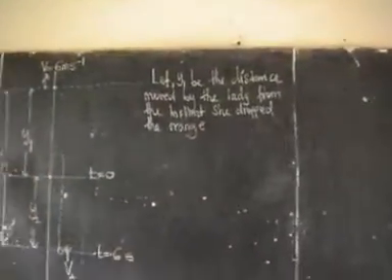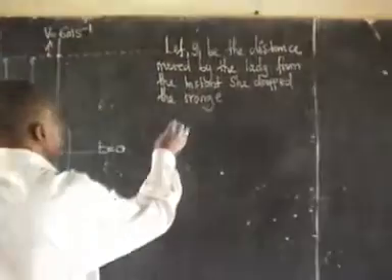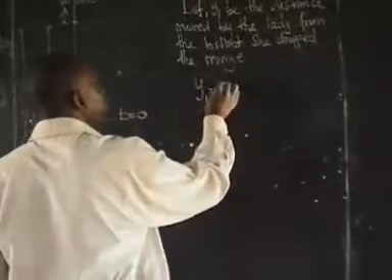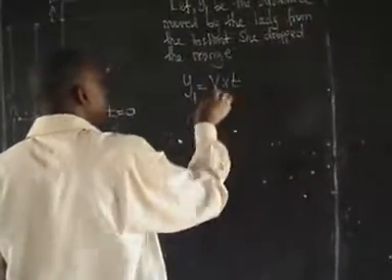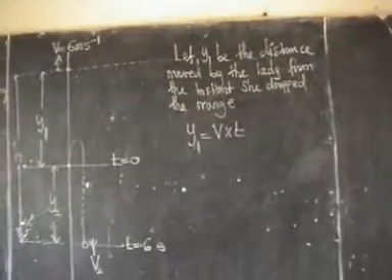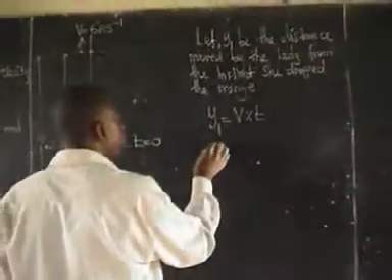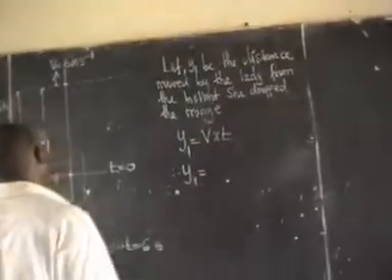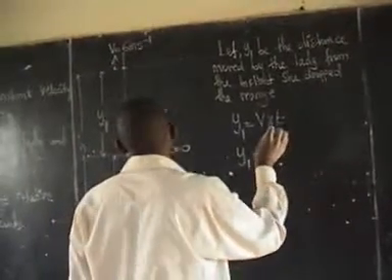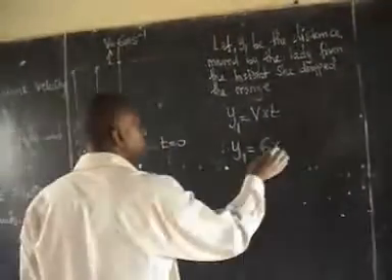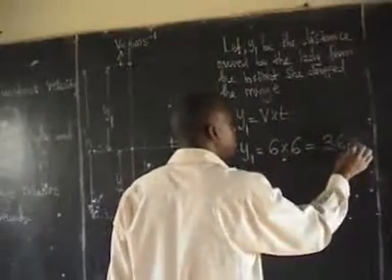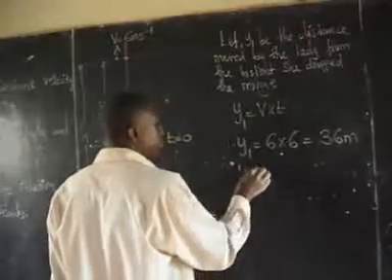Now since the lift is moving at constant velocity, we shall have y1 is equal to v times t. So distance is equal to speed times time if speed is constant. Therefore, y1 is equal to 6 times the time, which is also 60, and this is equal to 360 meters. So y1 is equal to 360 meters.